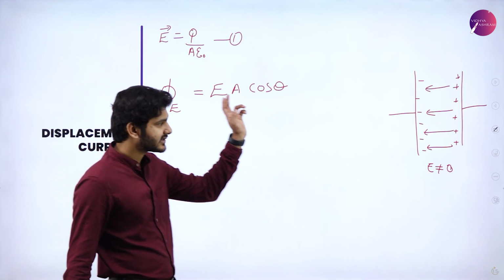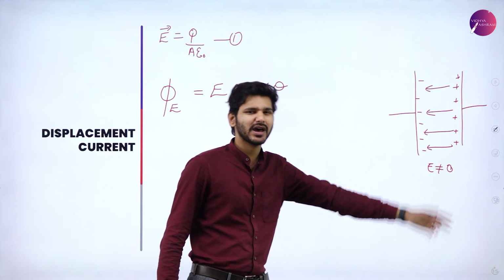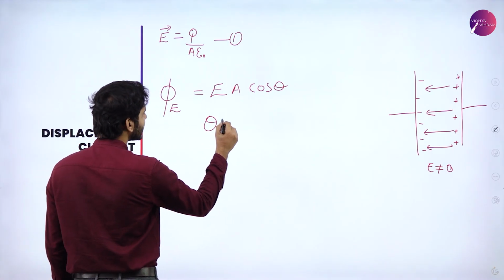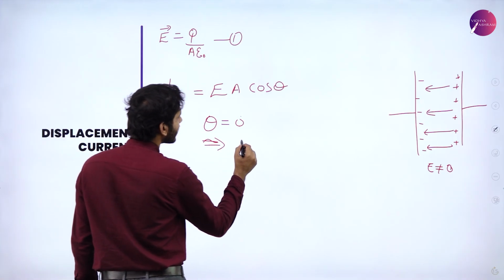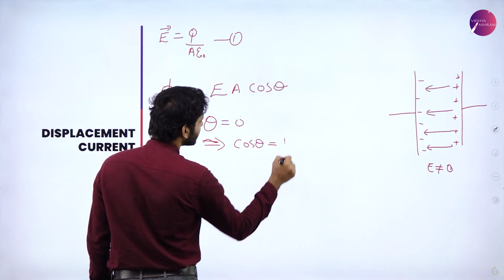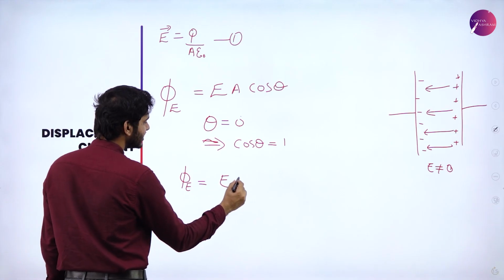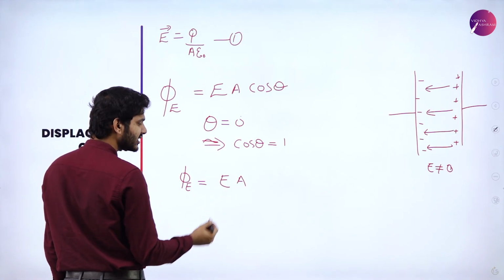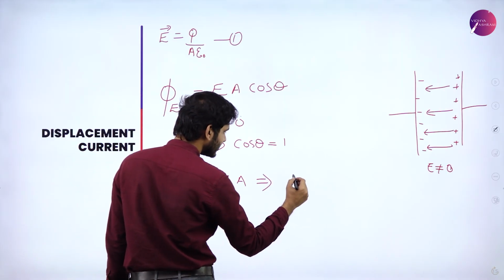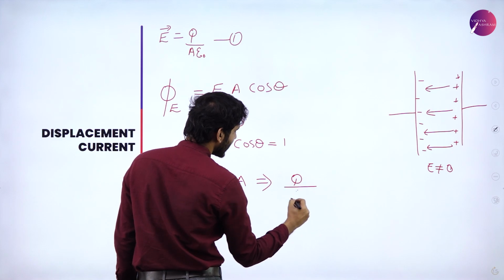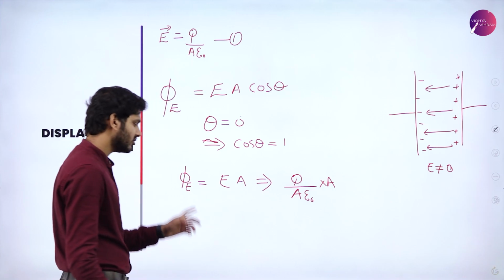Since the electric field and the area vector we are taking are both parallel to each other, theta is equal to 0 degrees, which implies cos theta is equal to 1, which means phi E can be written as E into A. We know that E is nothing but Q by A epsilon naught, which implies Q by A epsilon naught into A will give you the flux.